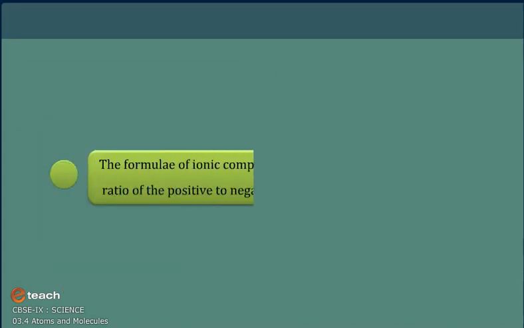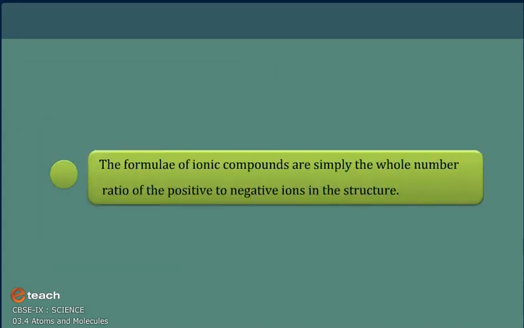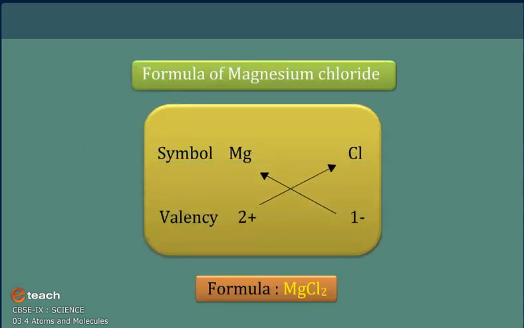The formulas of ionic compounds are simply the whole number ratio of the positive to negative ions in the structure. For magnesium chloride, we write the symbol of the cation, Mg2+, first followed by the symbol of the anion, that is Cl-. Then their charges are crisscrossed to get the formula. 3.